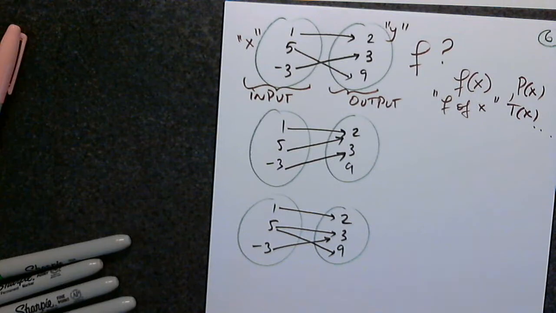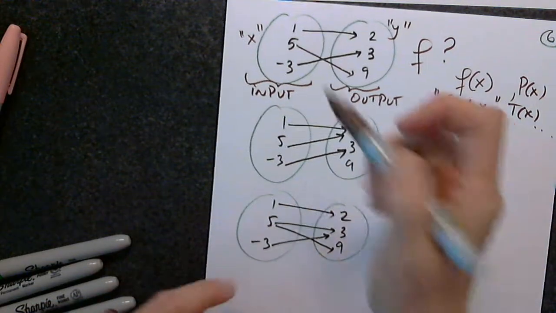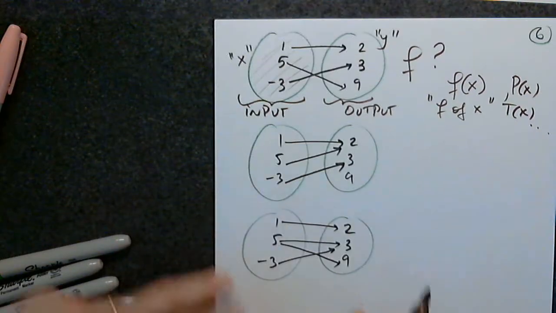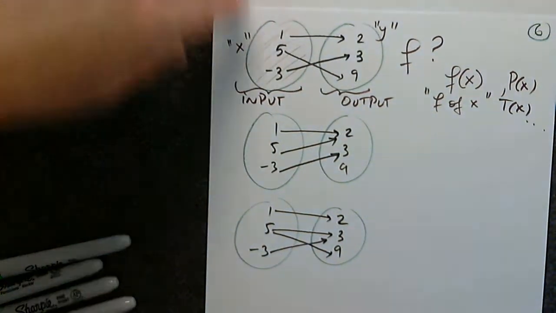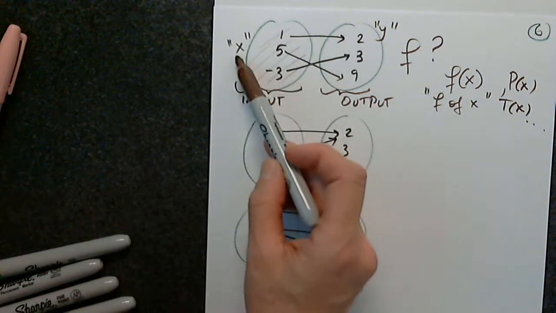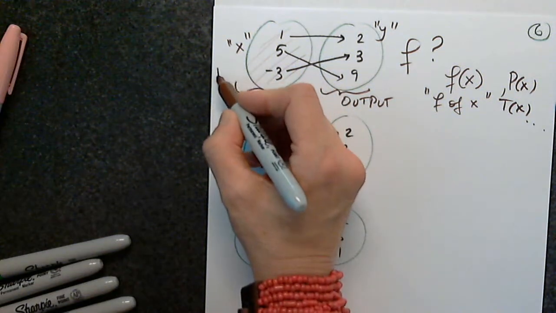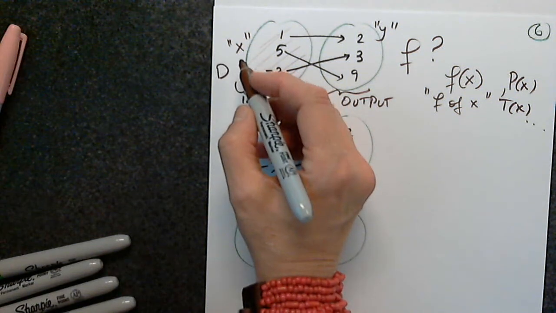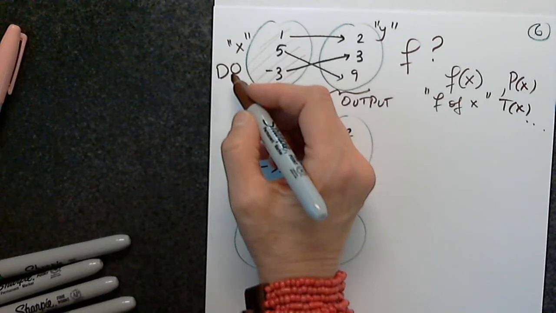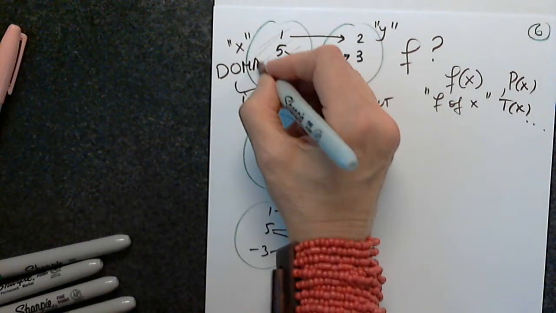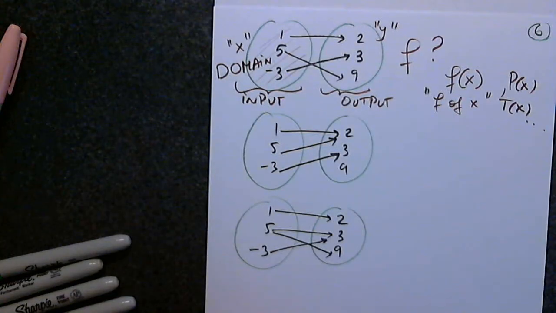Each x value corresponds to one value in the output set of values. Also, this set has another name, and we used it when we graphed. What is the name of this set where all x values come from? This is always the domain.